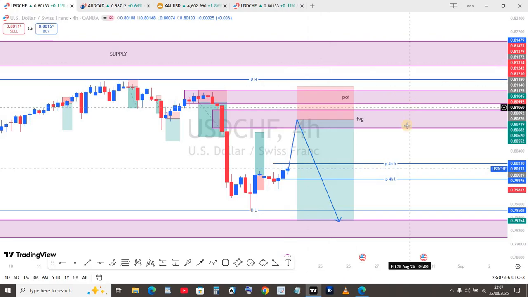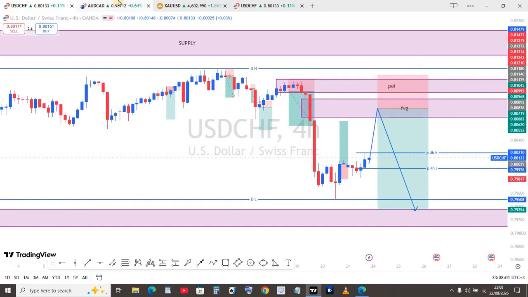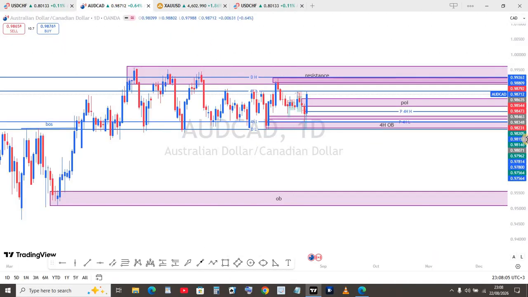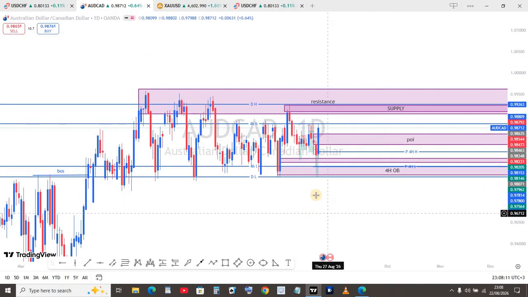So let us go back to another pair. We have AUD CAD here, and on AUD CAD we have a resistance and a support, because this market hasn't broken any resistance or support. It's still playing in between.